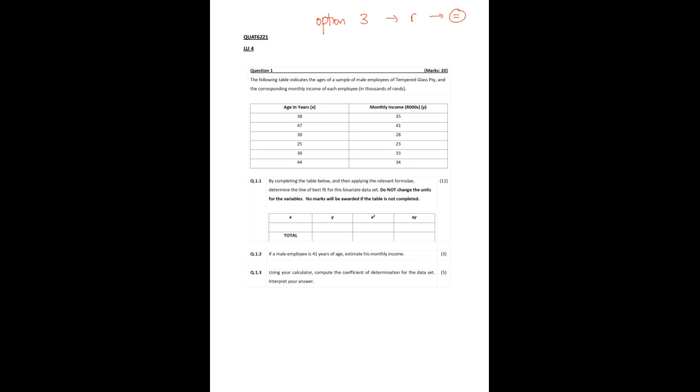If you are not comfortable with the calculator, take the 0.95 and write it down first. So you'll say r is equal to 0.95.